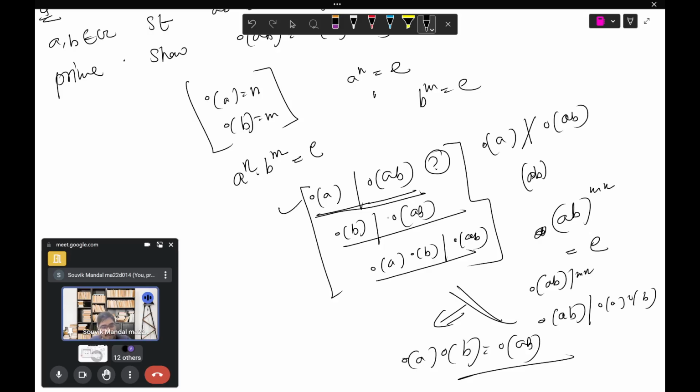So does everyone understand the solution? Any portions, any difficulty in the solution?